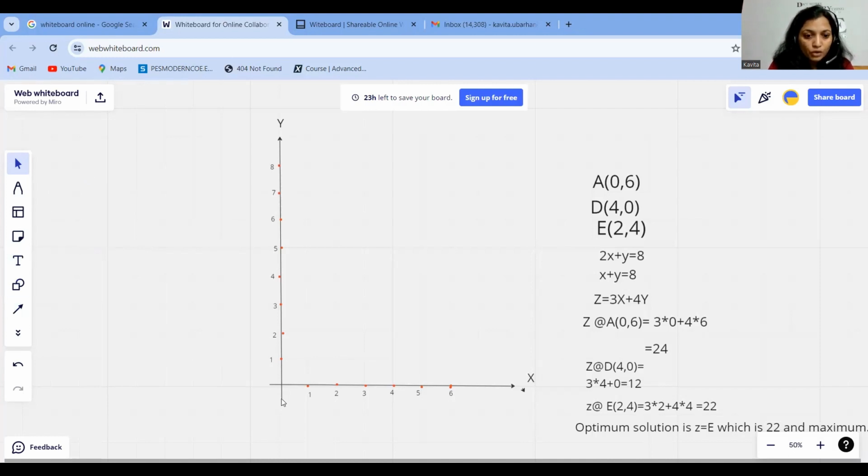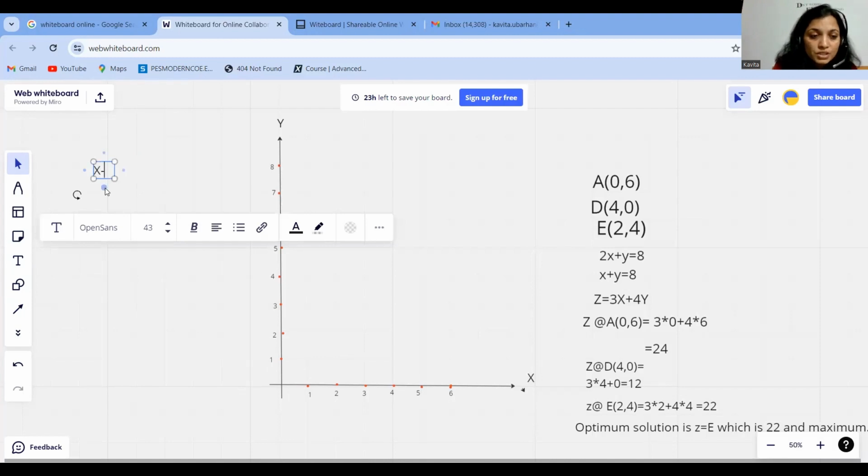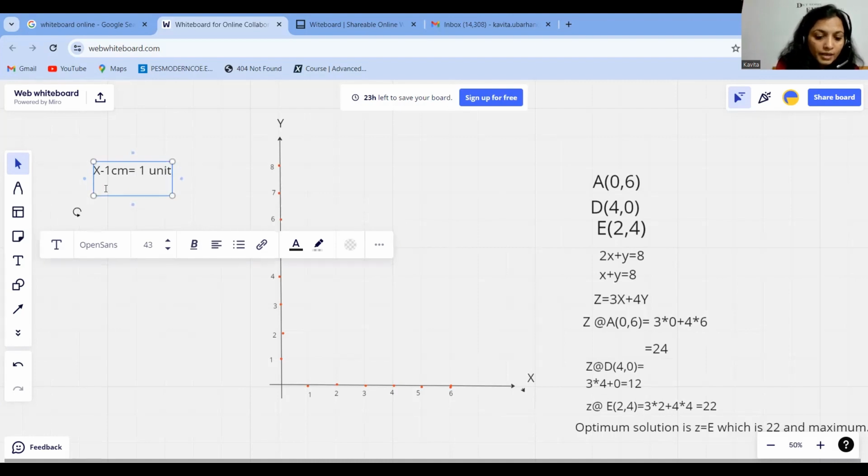For example, 1 centimeter on graph is equal to 1 unit or 1000 units or 100 units, whatever units you have chosen at the time of choosing your scale, you need to write down on x-axis 1 centimeter is equal to, for example, 1 unit, and on y-axis 1 centimeter is equal to 1 unit.